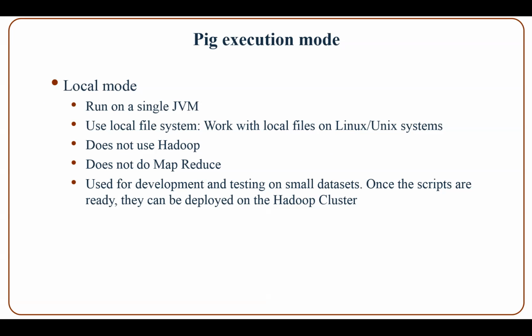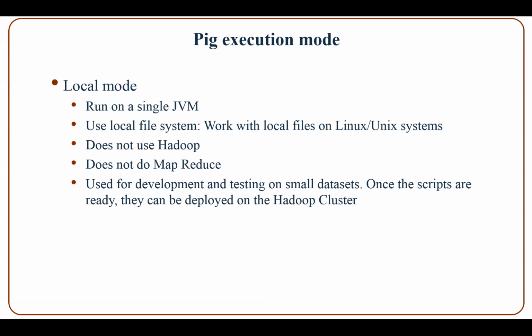Now let's talk about the Pig execution modes. First, we talk about the local mode, which runs on a single Java virtual machine. In order to enter this mode, you type in pig and then use the -x parameter and then local.